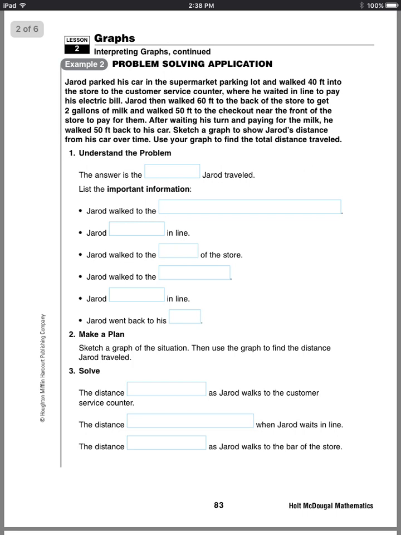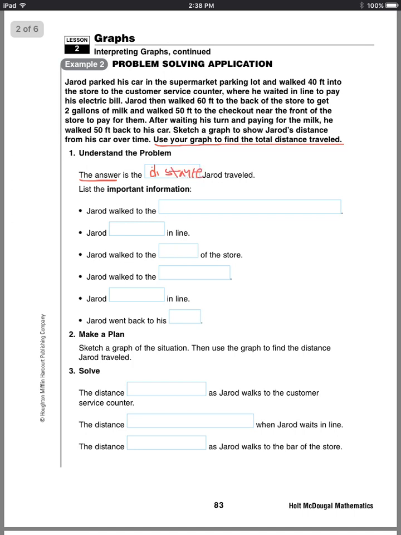Now, this is a very, very, very long story problem. So it really helps to understand the problem and to write down everything you know. So the first thing is, what are we answering? Well, it says use your graph to find the total distance traveled. So the answer is the distance that Jared traveled.